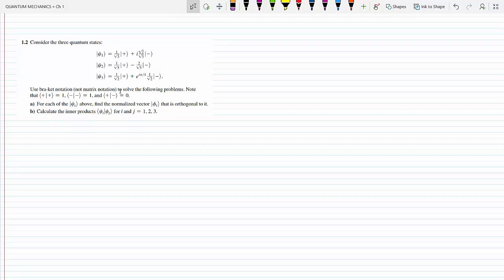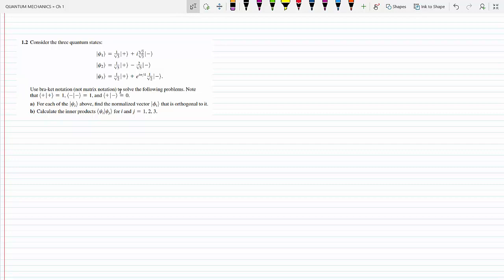Okay, so to solve these problems, note what we spoke about: if you have a system in the state spin up, then the probability that you will find the system in spin up will be 100%. So that's why it's 1.